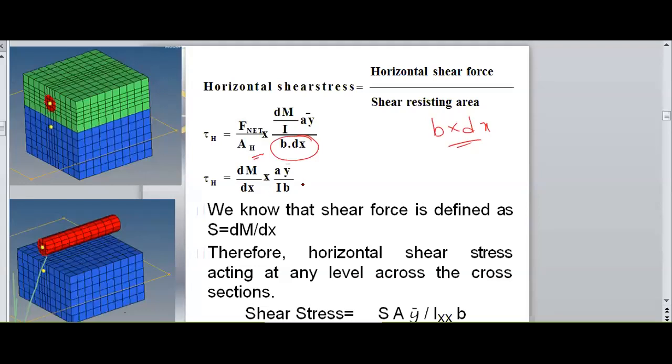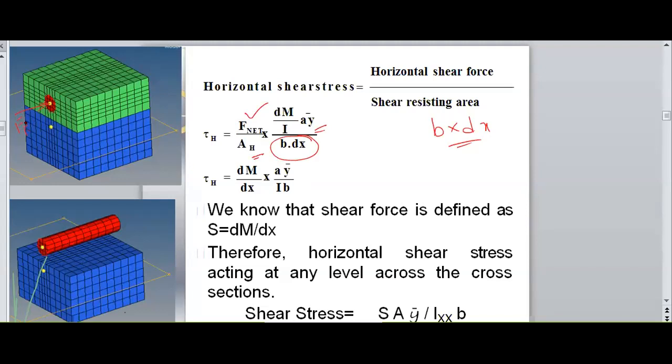If I consider the small element, and the net force applied that we have considered, that is nothing but dm by I into A into y bar, is the force applied on the centroid above the EF line.